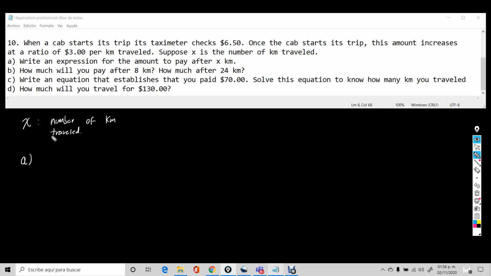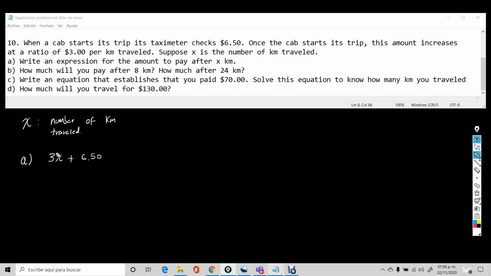the amount I have to pay after traveling for X kilometers is the following. How much do they charge me for each kilometer? $3. So three, the price for each kilometer, times the number of kilometers that I'm going to travel, plus the flat amount of money that I have to pay just for entering the cab.